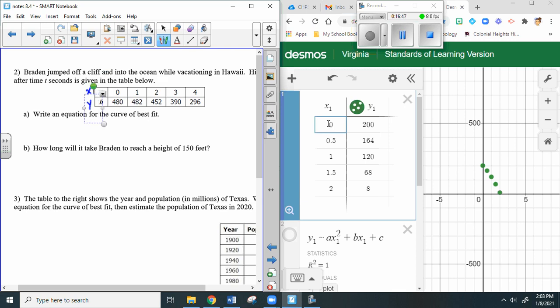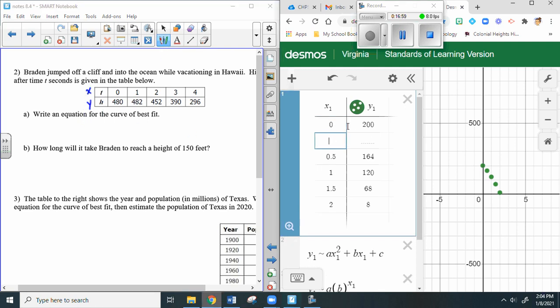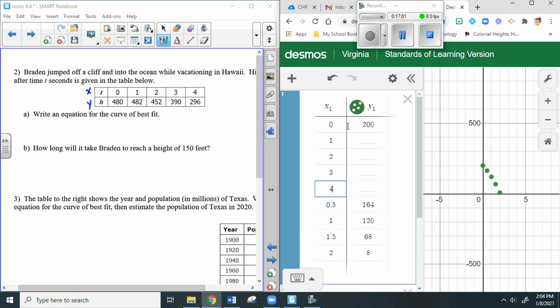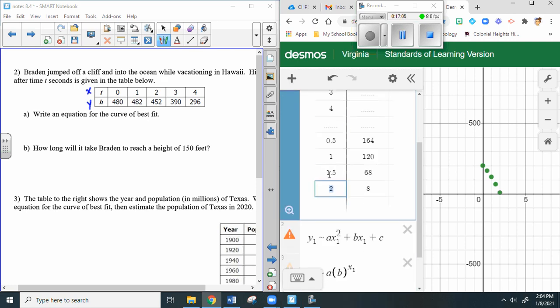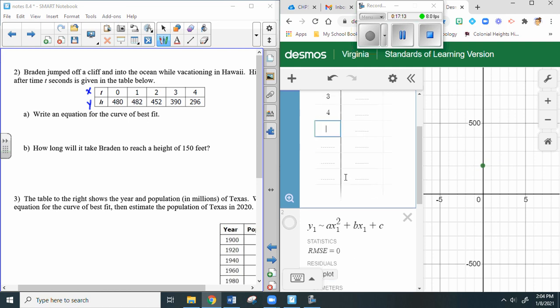Sorry, I've got to go over here. All right, let's type in 0, 1, 2, 3, 4. Oh, I want to delete all of these. I really didn't think I was going to have to do it that way, but that's okay.